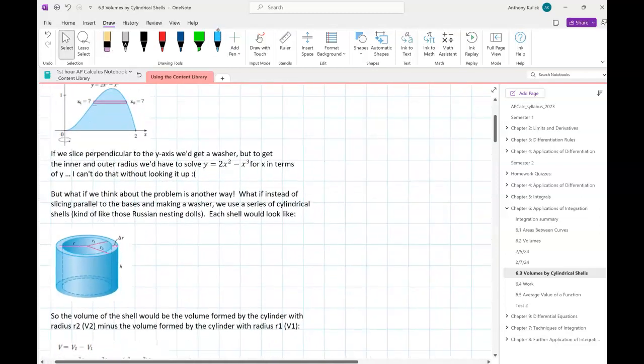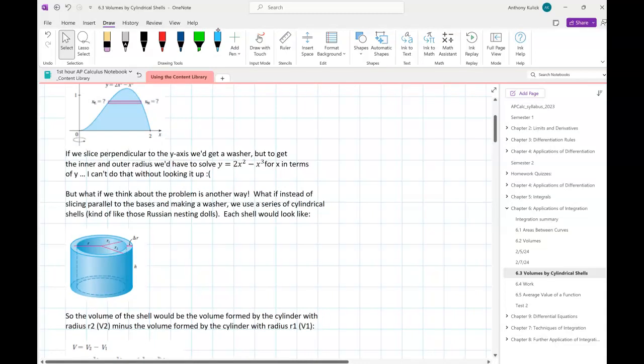Instead of slicing the thing up into cylinders of infinitely small height, what we're going to be doing is skinning it with cylinders of infinitely thin thickness.